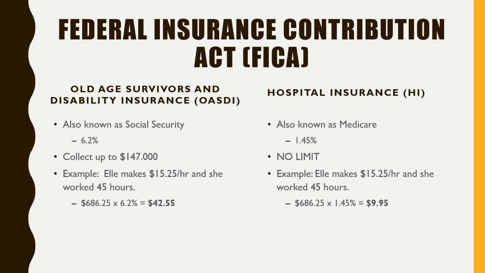Now again, here's what's awesome about Medicare: there is no cap limit, so you can contribute as much Medicare as possible. But once again, that's only deemed on how many paychecks you earn and how long you've been in the company. So 1.45% is the amount that you're going to be calculating off of gross pay.